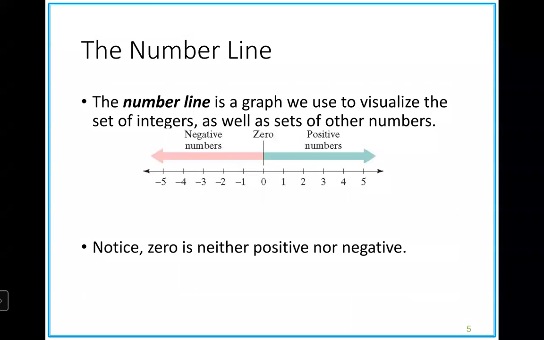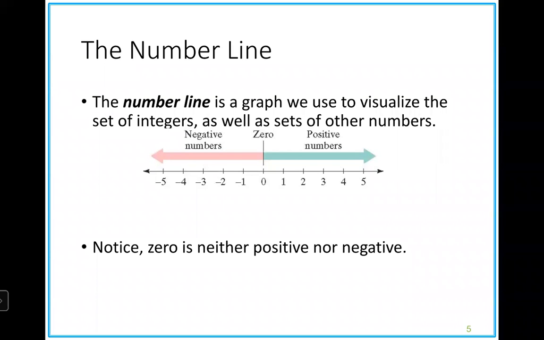Now a useful tool that we often employ when we're dealing with integers is the number line. The number line is helpful because we can show relationships between different numbers in the set of integers.